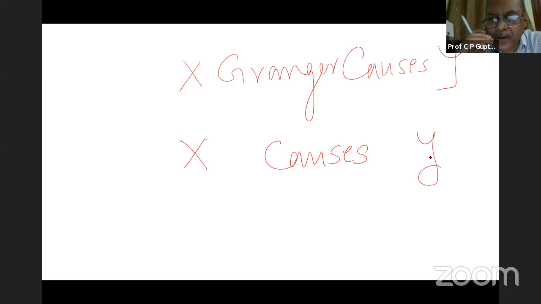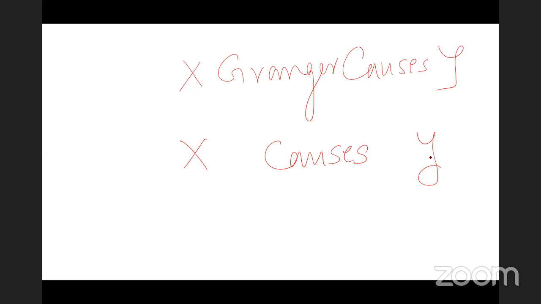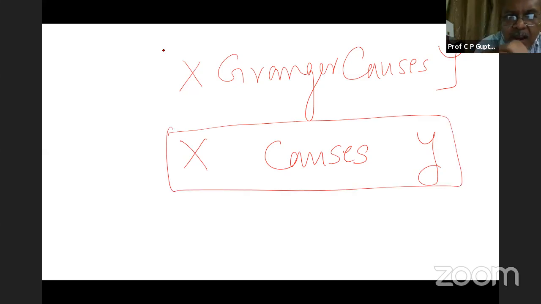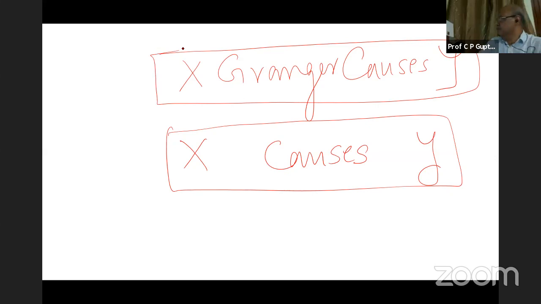Can any one of you try to have a guess about it? The difference between X causes Y and X Granger causes Y. Amar Singh is asking me, can we check causality in GDP, foreign equity, foreign debt, FDI? Yes, you can do that. No problem in it.